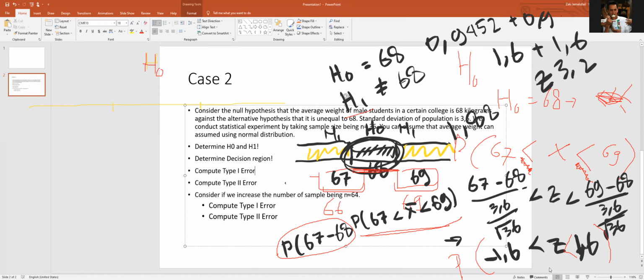Is that correct, sir? No, the probability does not exceed 1. Oh, that's the one with the minus. 0.05. Okay, sir, wait. 0.9 minus 1.